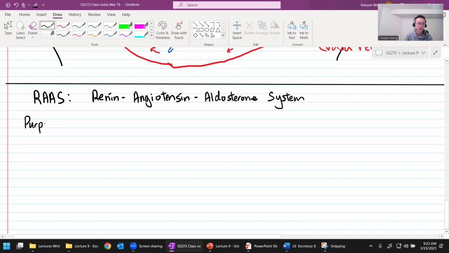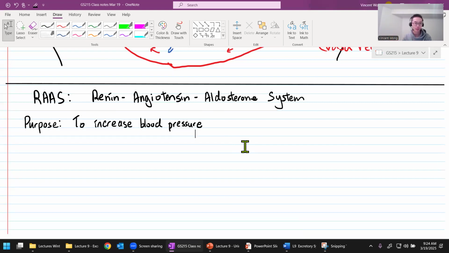RAS, purpose. The purpose of this system is to increase blood pressure. So it helps maintain homeostasis for blood pressure. I'm sure you know normal blood pressure is around 120 over 80.